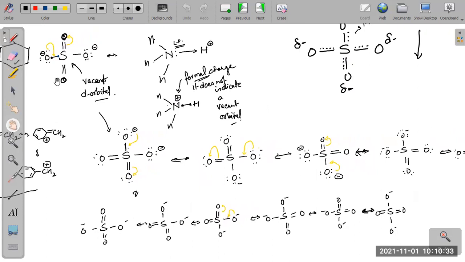This is sulfate ion. Sulfur has vacant d orbital.